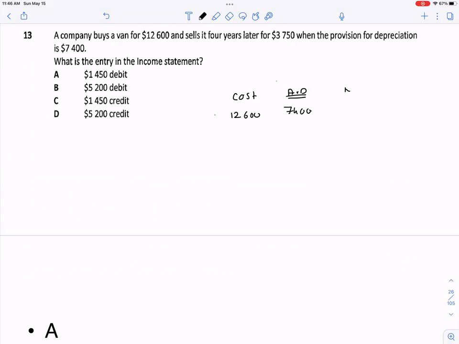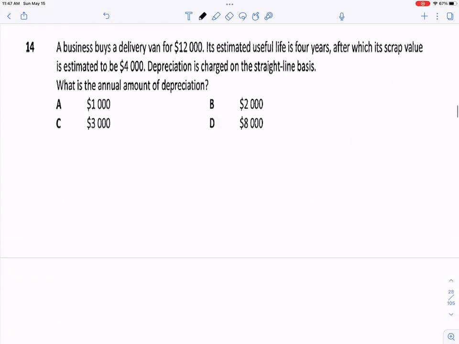So what will be the net book value? 5,200. How much are you selling for? 3,750. An item of value 5,200 is sold for 3,750. 1,450 debit. Loss or profit? Loss. Debit all expenses and losses. So 1,450 debit. Come on, go to the next one.